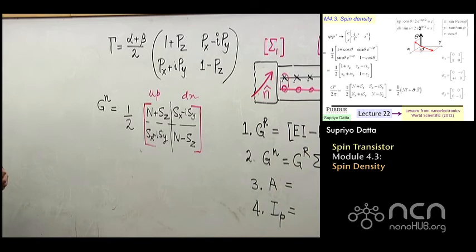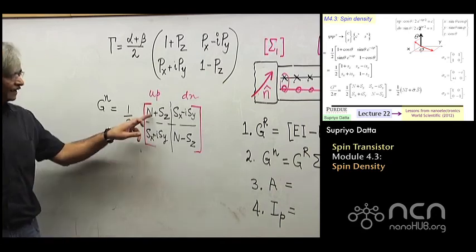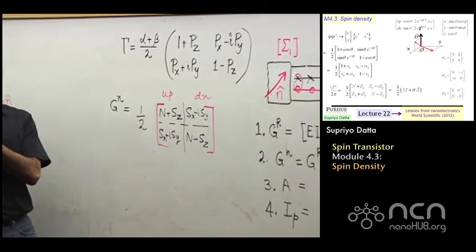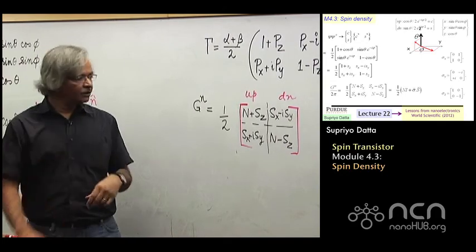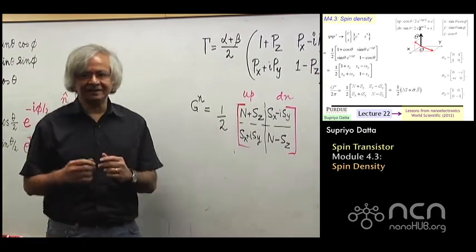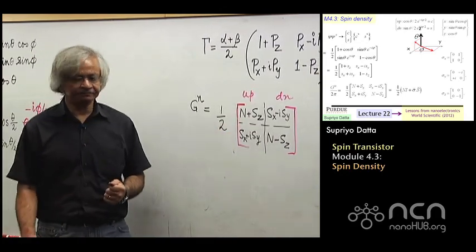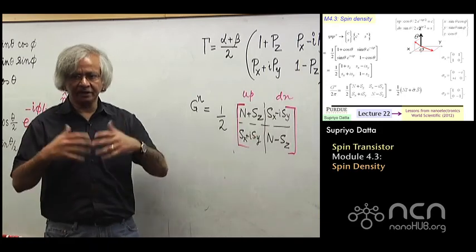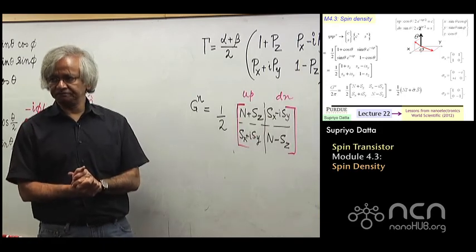Now, again, what's n? Well, it's the total number of electrons at that point, up, down included. What is Sz? Well, it's a net spin in the z direction. Sx, Sy, again, spins in x and y directions.